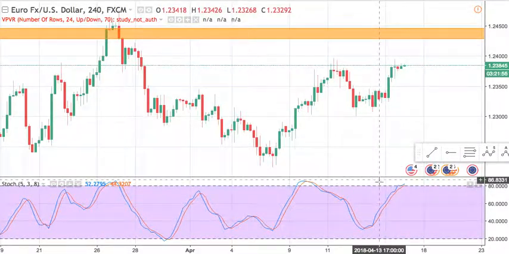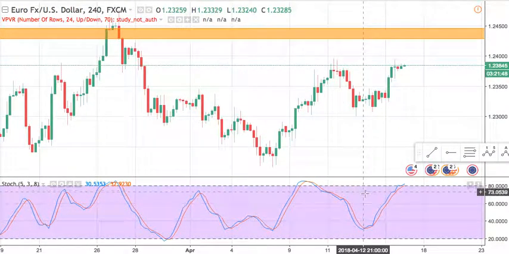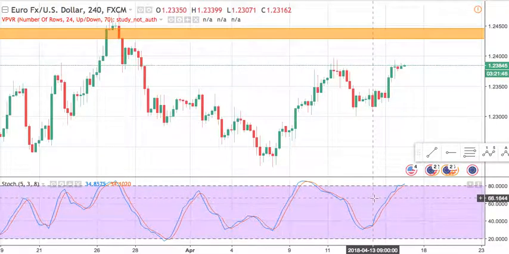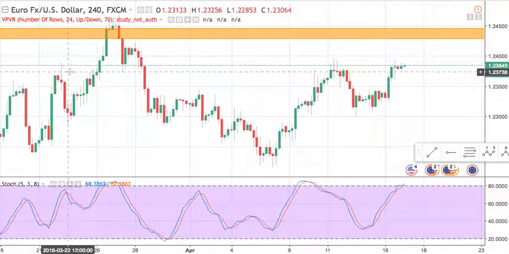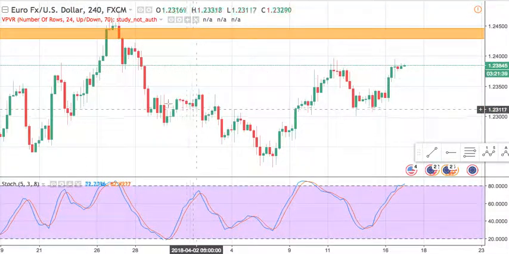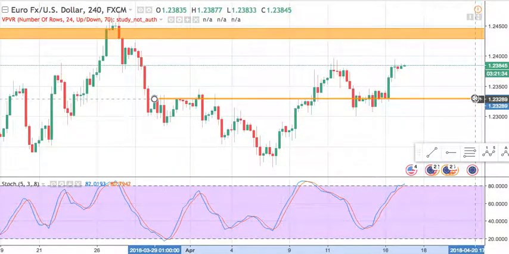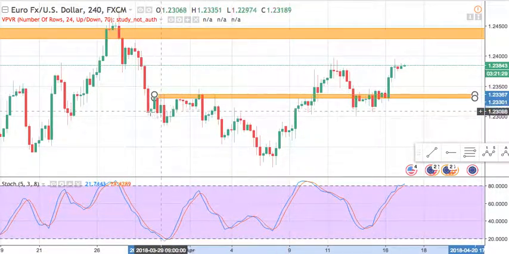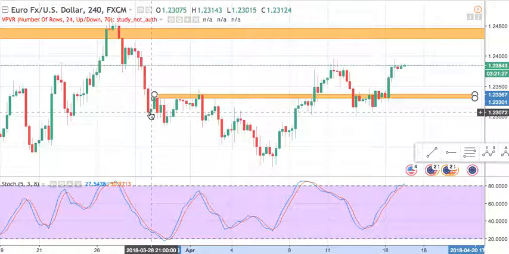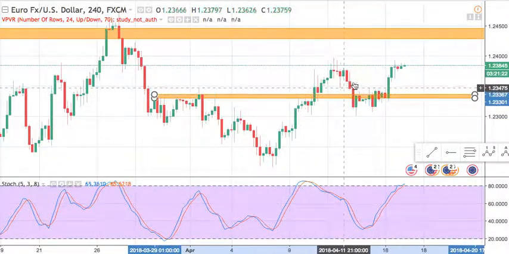So what do we have here? Look at this. What this tells you is that we could possibly be moving up right here. But what do you have in price action? You have this area. Let's take this area, for instance. So you have a breakthrough.